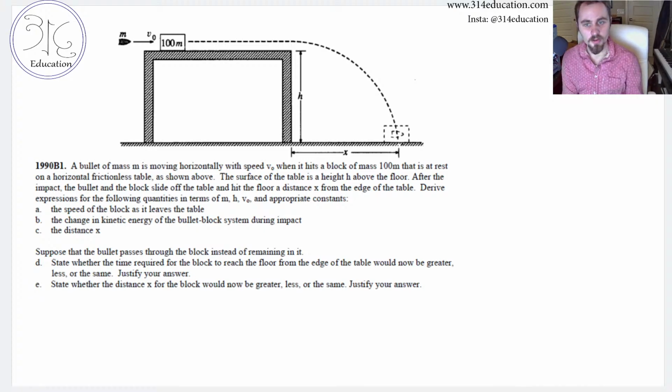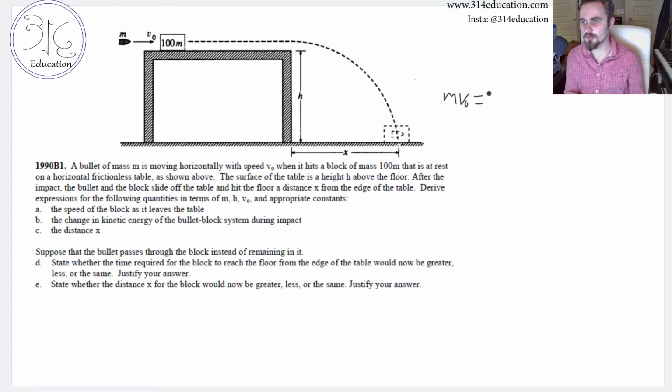So we want to find the speed of the block as it leaves the table. We're told this table is frictionless, so this is going to be the same speed as after the collision. And this is going to be just like our inelastic collision problems. We start with only the bullet contributing some initial momentum. The mass of 100m is sitting at rest, so it's not going to contribute any momentum before the collision.